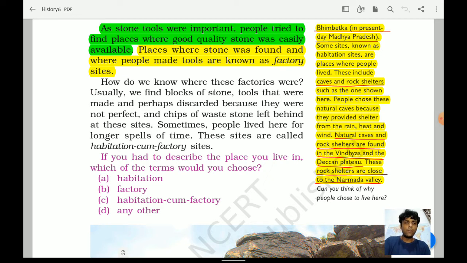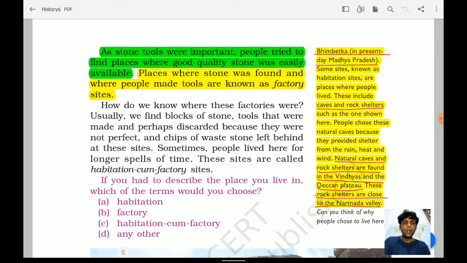So we can simply understand that stone must have played an important role, and once the hunter gatherers understood the utility of tools, they must have used different methods of utilizing them, like we have already seen in the earlier images A, B, C, D, E, F, where from the bigger stones they have carved smaller ones or microliths as well.